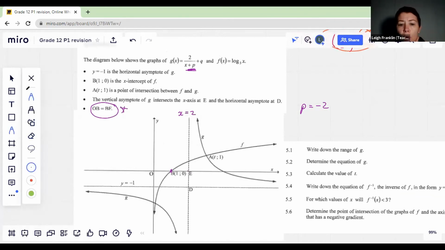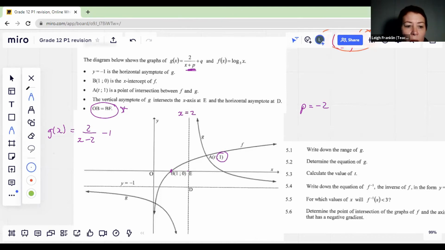All right. So at A, x is equal to t and y is equal to 1. So we know that g of x is the function 2 over x minus 2, minus 1. Did you get that as well for 5.2? Yes, I did. Lovely. Okay, so now you want to sub in this point.